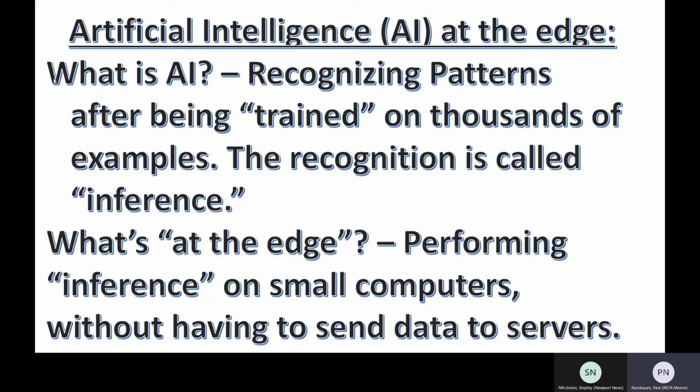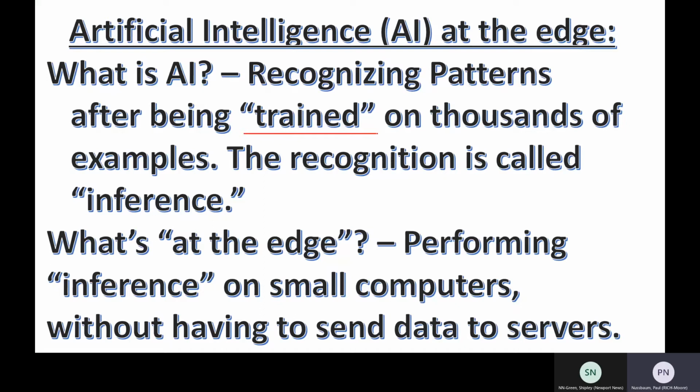And the reason why we want to move artificial intelligence to the edge is because we're looking for speed. So first of all, what is artificial intelligence? Artificial intelligence is really just recognizing patterns that we observe. And to do that, it's literally trained on thousands and thousands of examples.